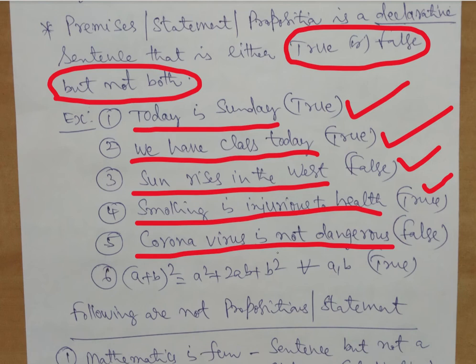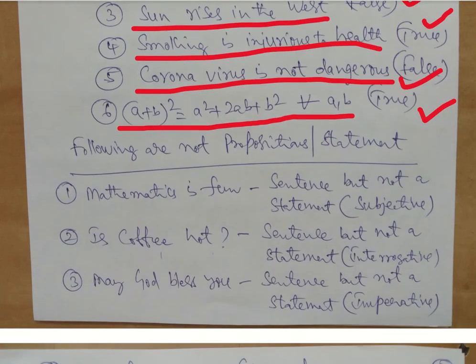Coronavirus is dangerous, but I have given the statement as coronavirus is not dangerous. Since it is a false statement, I can attach true or false, so this is also a proposition. Next, (a plus b) whole squared is equal to a squared plus 2ab plus b squared, for all a, b. Mathematically, you all know that this is a true statement, so I attach true. So all these six are valid propositions because we can attach either true or false to each of them. Let us have some more which we can debate now.